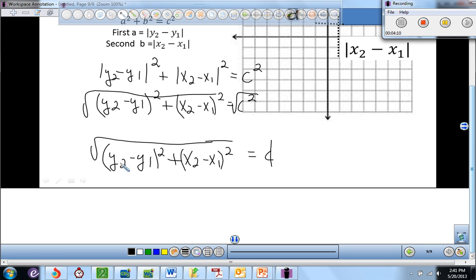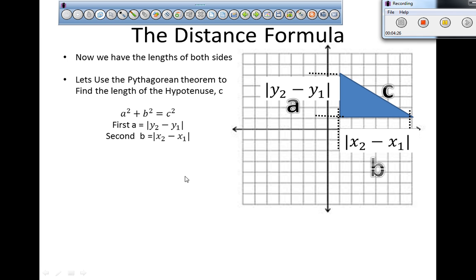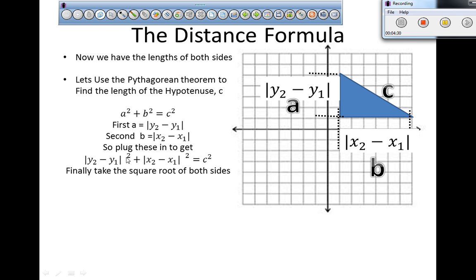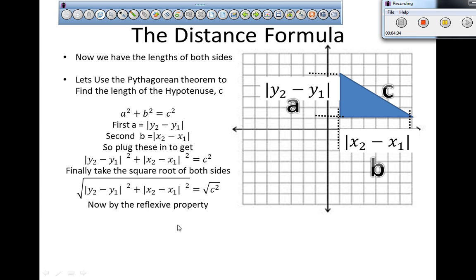Sometimes I think it's easier to think of this as the change in y and the change in x. So you subtract your y's, you subtract your x's, square them, add them together, and then you take the square root. All right, now I'm going to talk through the PowerPoint. So this is what we did where we plugged them in. Again, we're taking the square root, so we don't need the absolute values.